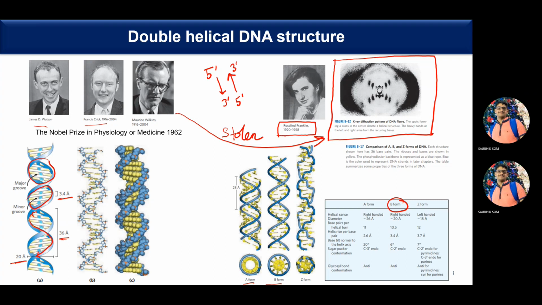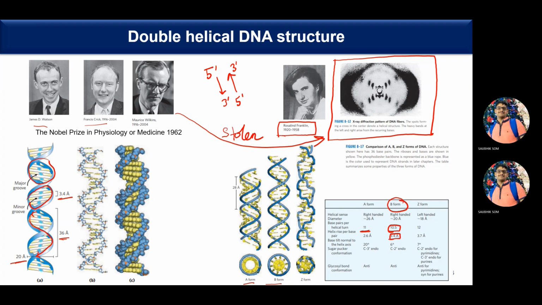The A form has 11 base pairs for each turn. However, in the B form there are 10.5 base pairs at each turn, and the rise per base is 3.4 angstrom. So B is more open, while A is more compact.